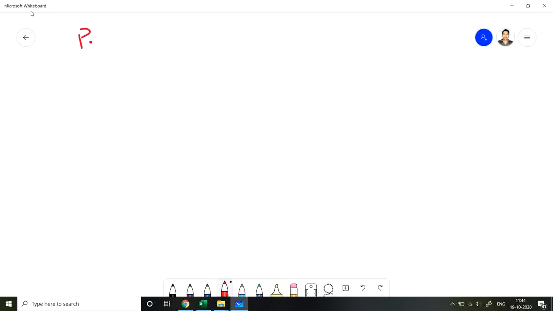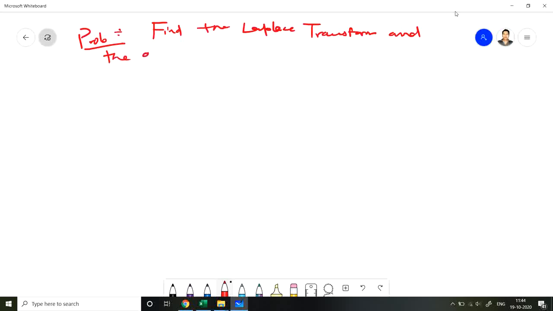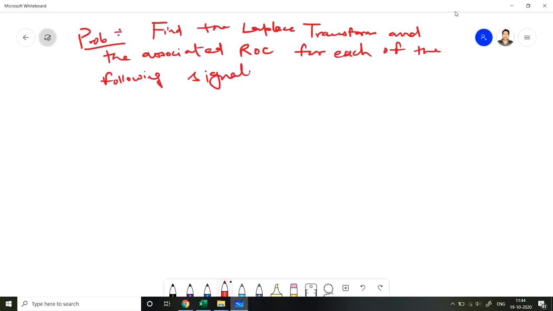So let us solve some problems. Find the Laplace transform and the associated ROC for each of the following signals.